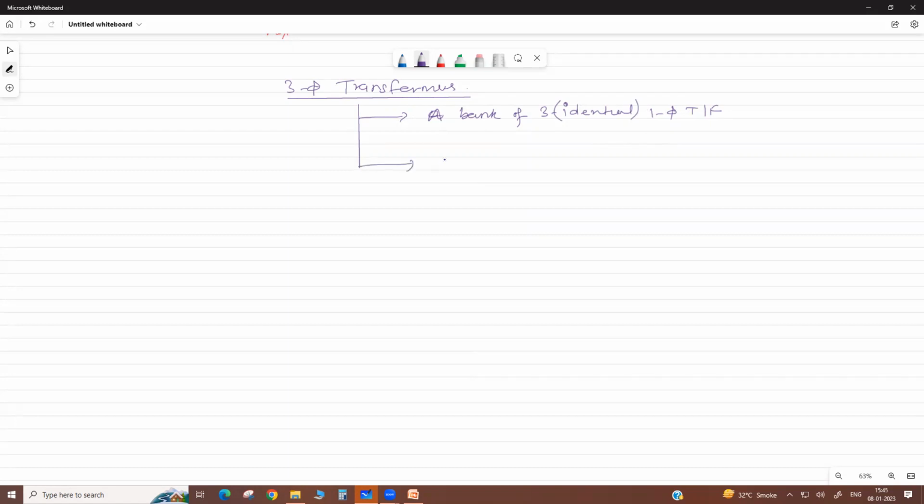Or we have a three-phase unit transformer.